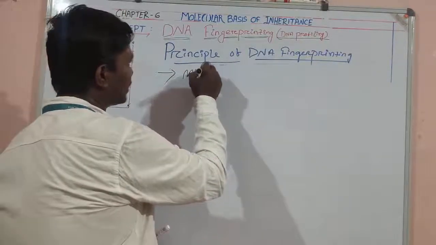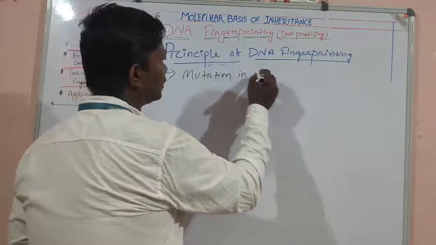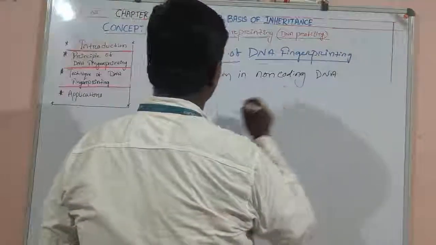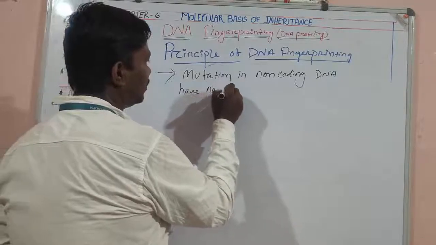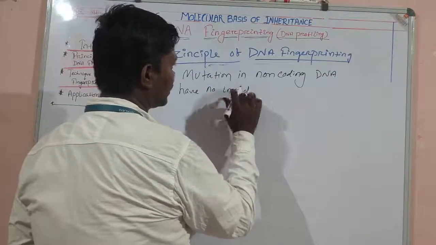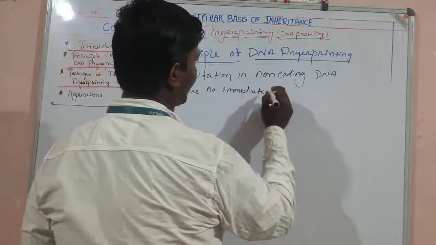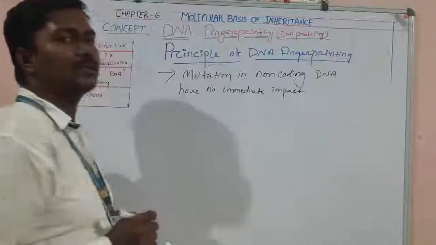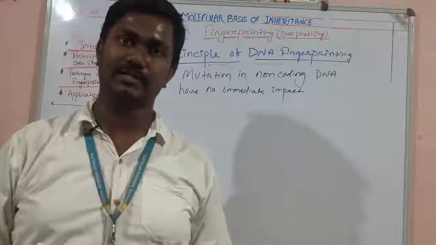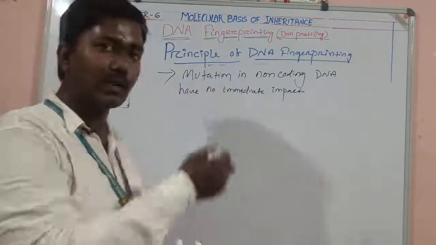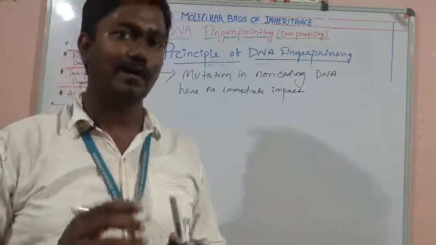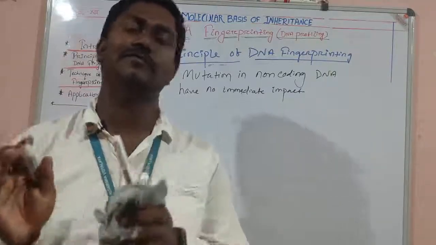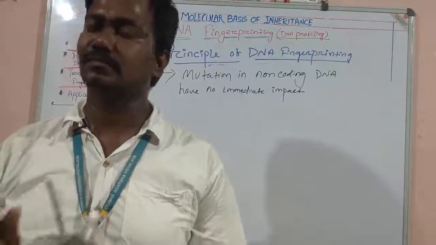Mutations in non-coding DNA have no immediate impact, whereas these mutations in non-coding DNA have piled up and form the basis of DNA polymorphism. Got it?